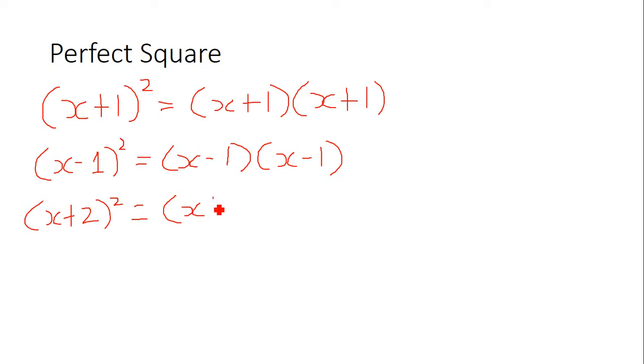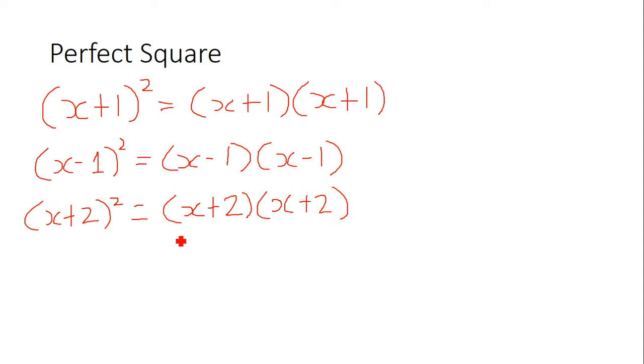So x minus 1. And then we can do x plus 2 all squared, it's going to be x plus 2 times x plus 2. Now, how is this different from difference of two squares? You would have x squared minus 2 squared, and it would have been x plus 2 and then x minus 2, adding and subtracting.